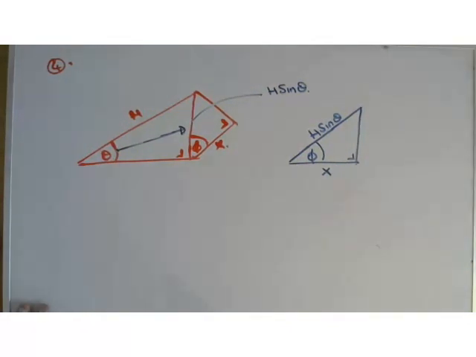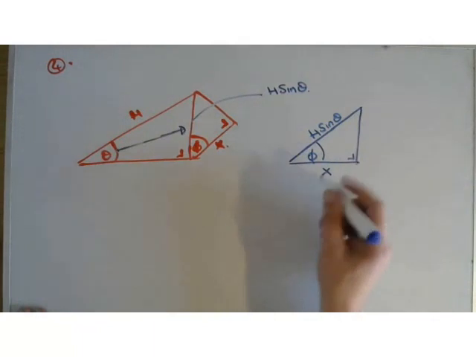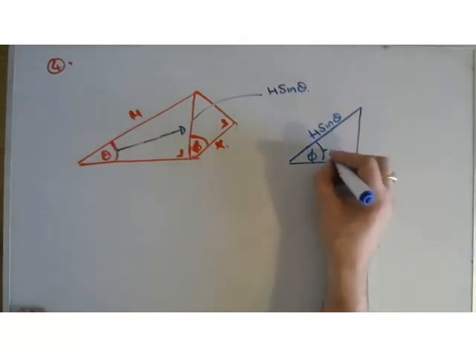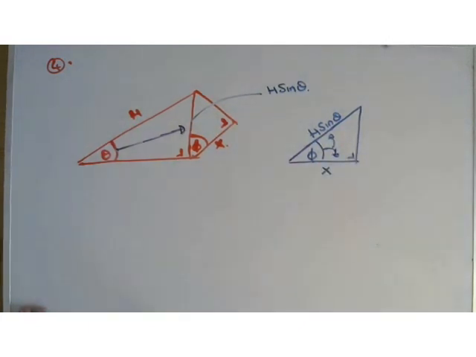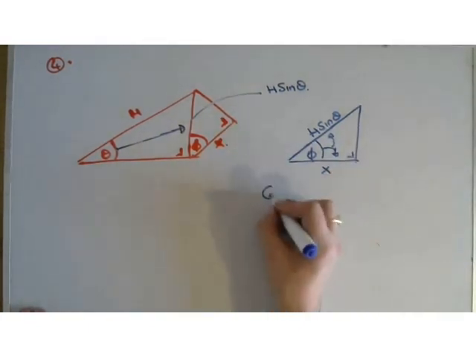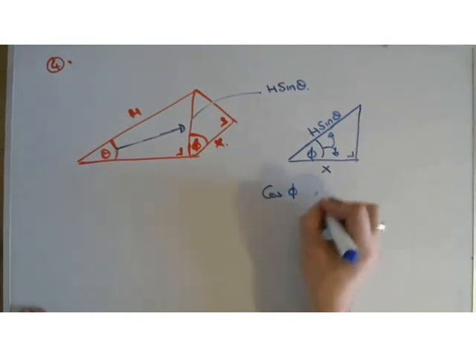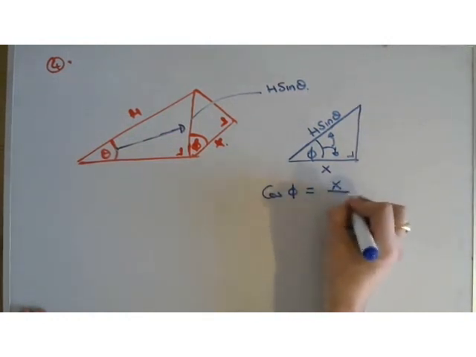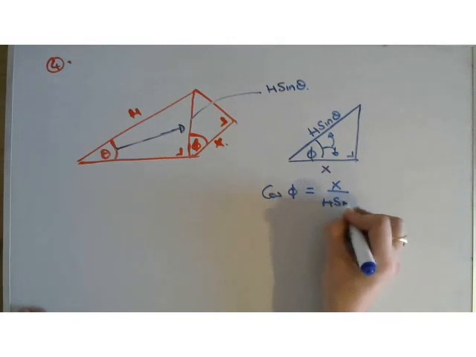Now we can do this either of 2 ways. I think it's probably a little bit complicated to go straight into the answer. So what I'm going to do instead is say that here is the angle, this is the adjacent, and that's the hypotenuse. So angle, adjacent, hypotenuse means that the cos of phi is adjacent over hypotenuse.